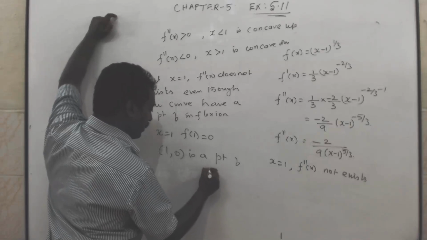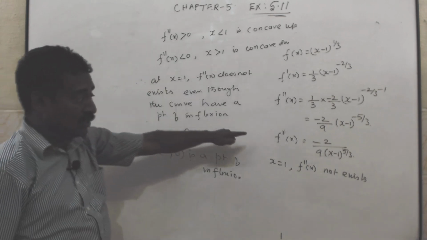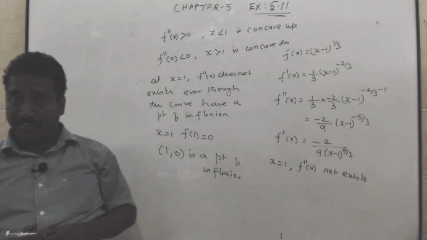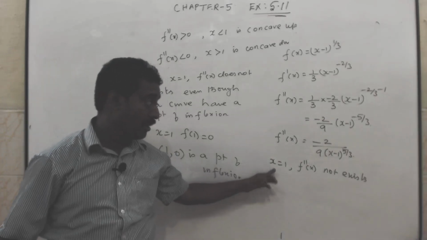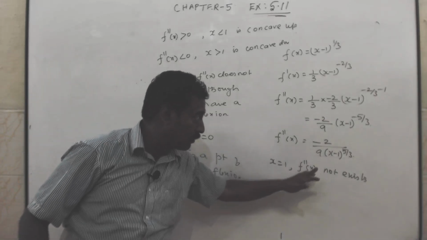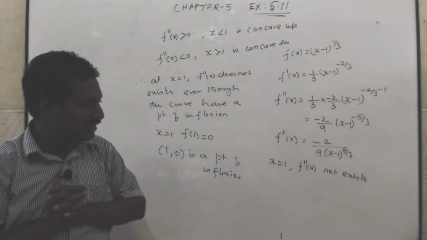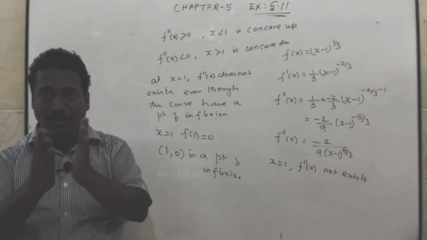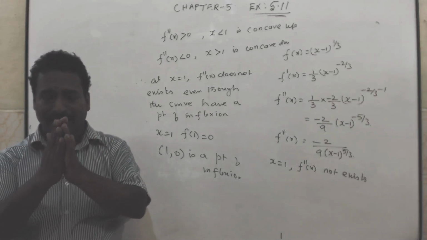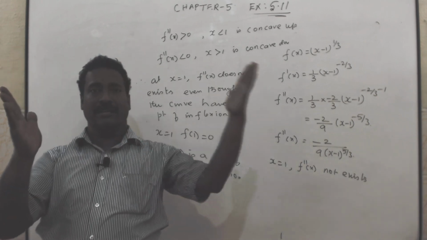Therefore, look carefully. Setting it equal to 0, we can't identify the value of x from f double dash of x. But when you put x equal to 1, any number by 0 is infinity, so it does not exist. Does not exist means we have to verify the concavity and convexity, less than 1 and greater than 1.